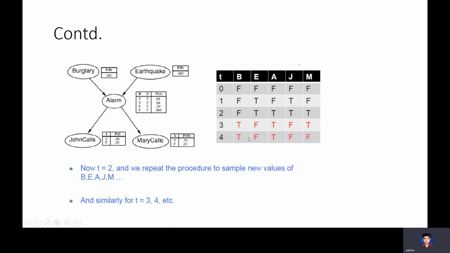These are the two rows, out of which you find how many times Mary calls. Mary calls 1 out of 2 times. So the probability is 0.5. So from this table, you just compute the frequencies and take the ratios. So any inference query you can basically find out from the table.